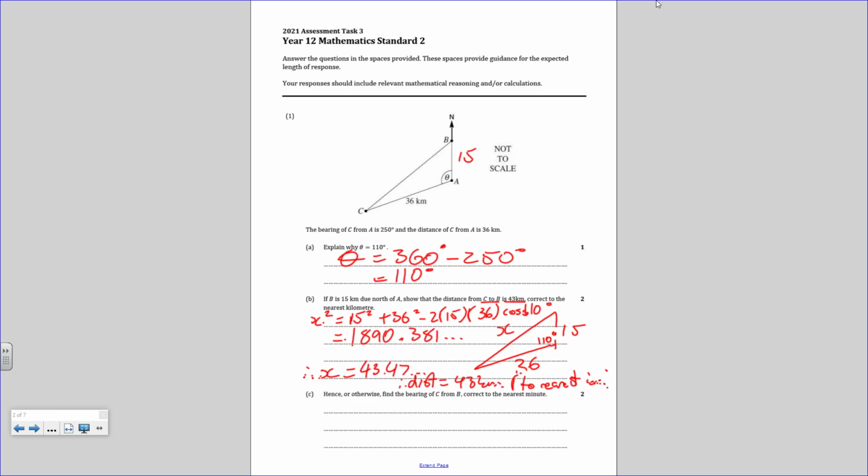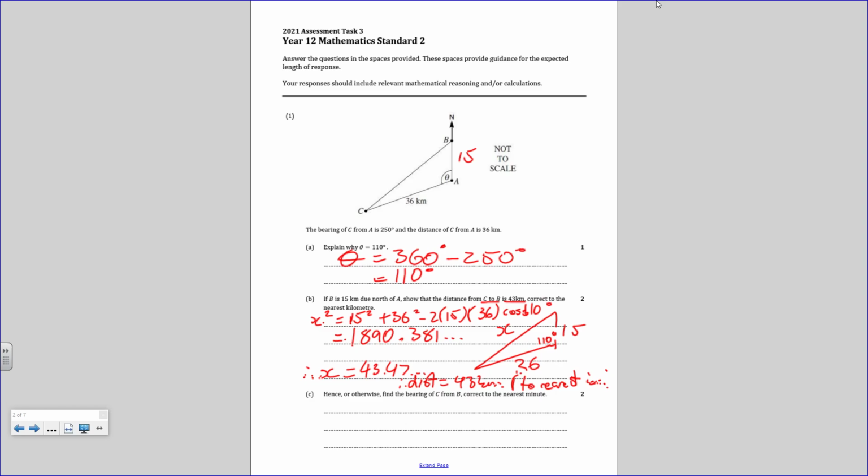So hence or otherwise basically says use your previous answer to find the next bit. Whenever you see hence or otherwise, it's really saying use what you just found. Find the bearing of C from B correct to the nearest minute. Make sure you look at correct to the nearest minute.